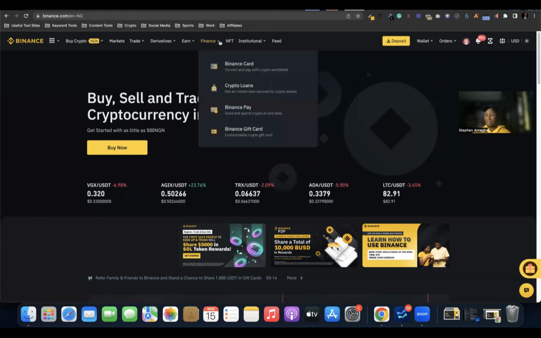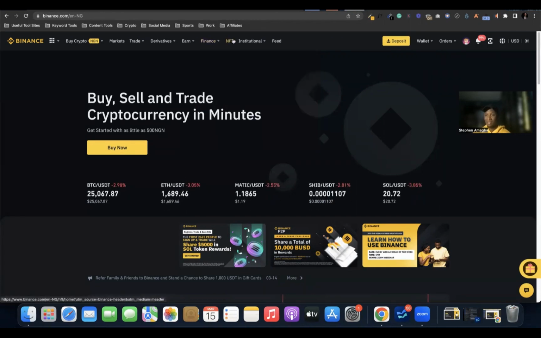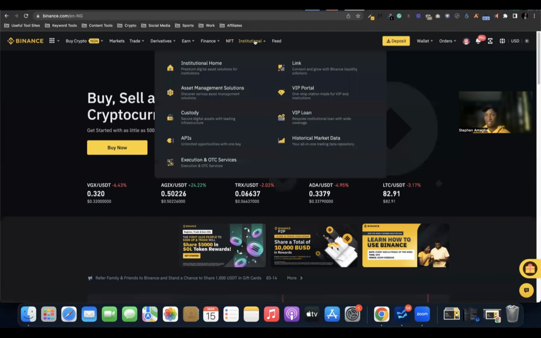So now that's for the Finance tab. We also have the Binance NFT, which is where you buy and sell NFTs. NFT stands for non-fungible tokens. We have Binance Institutional, which is our suite of options for big institutions, could be asset management solutions, custodial management, API connections, VIP services, OTC services.